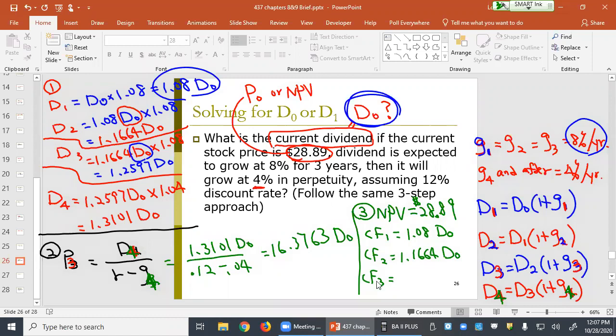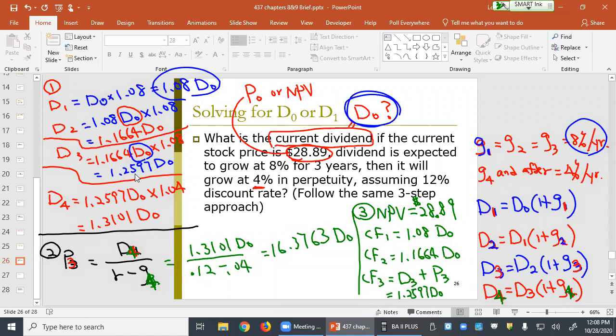What is our cash flow 3? Our very last cash flow consists of the dividend in that period plus the stock price in that period. So given we're solving for cash flow 3, we need to have D3 plus P3. Our D3 is this number, 1.2597 D0.